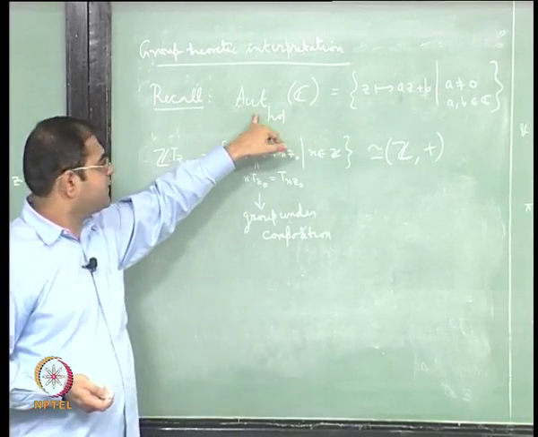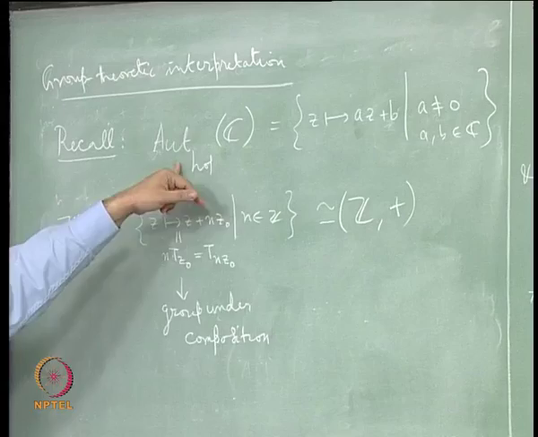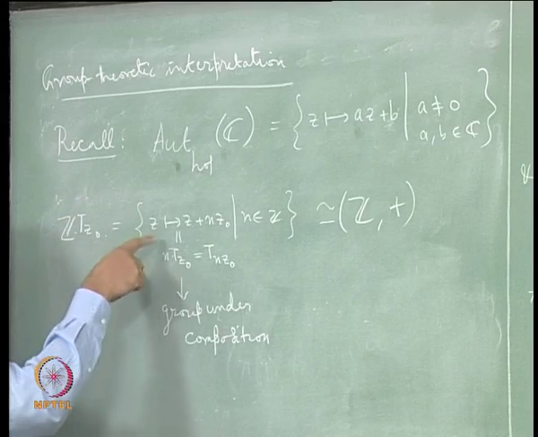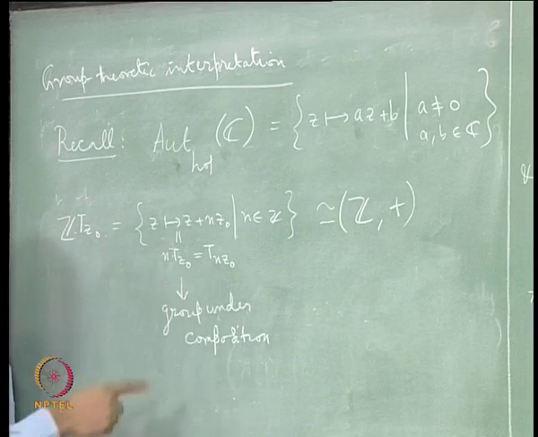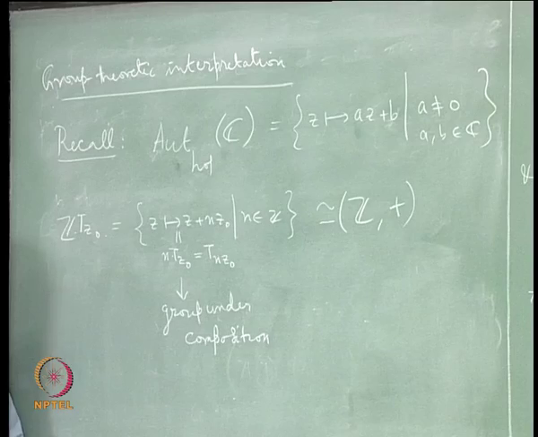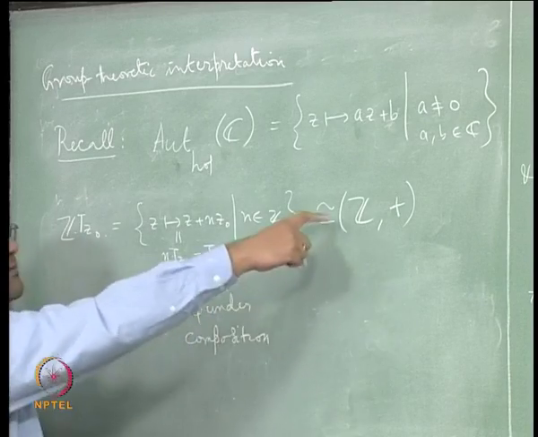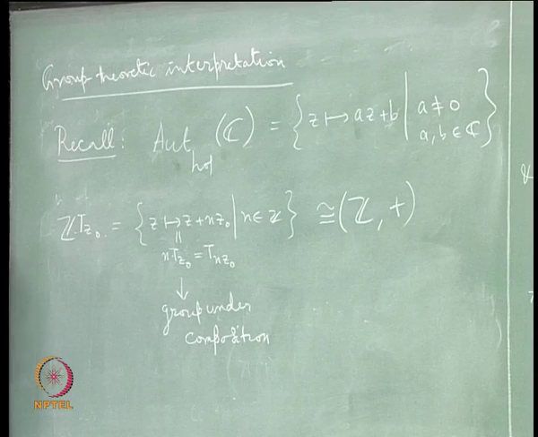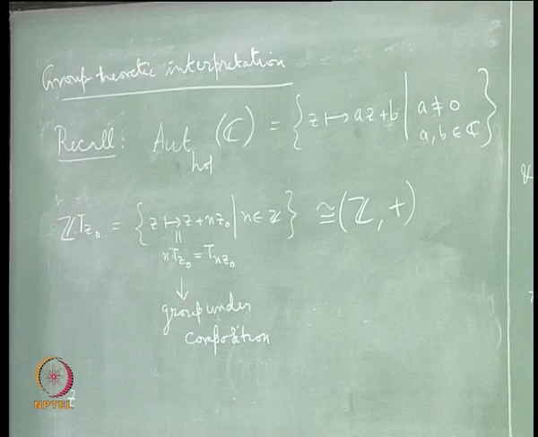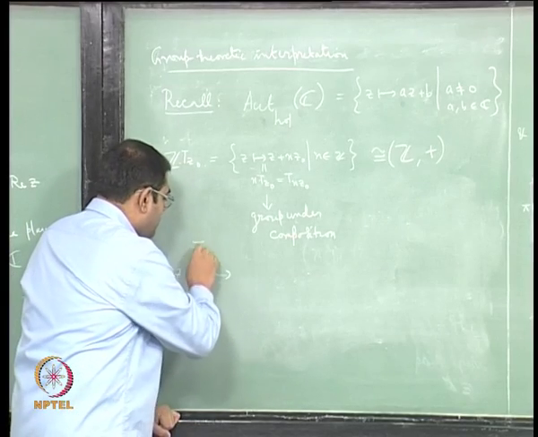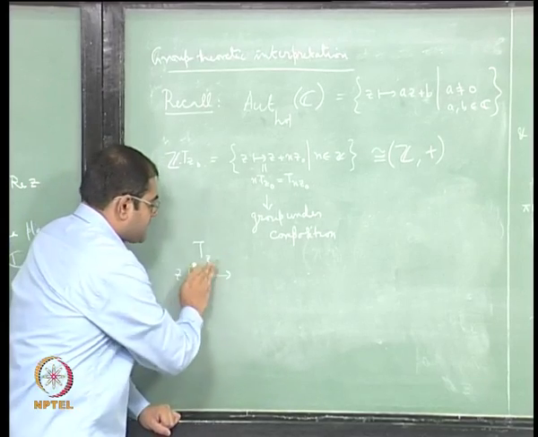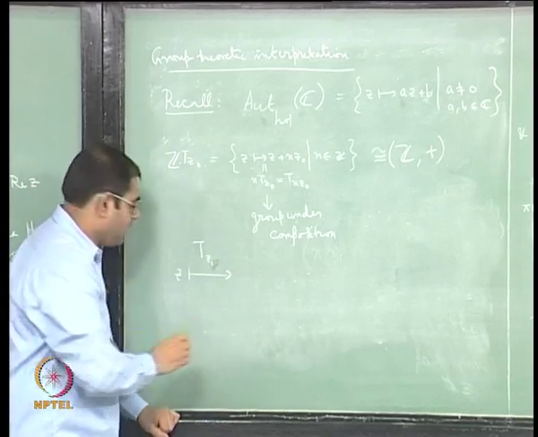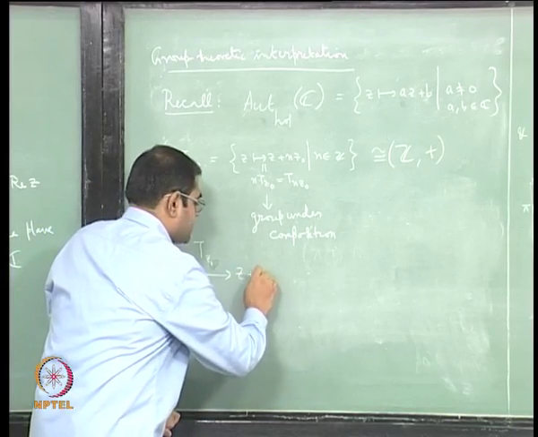So it's actually a group under composition of mappings, and here two elements combine by composition. In particular, if I take two translations, they combine by composition, and that corresponds to adding integers. If I take a complex number z and first apply T z1, I get z plus z1.